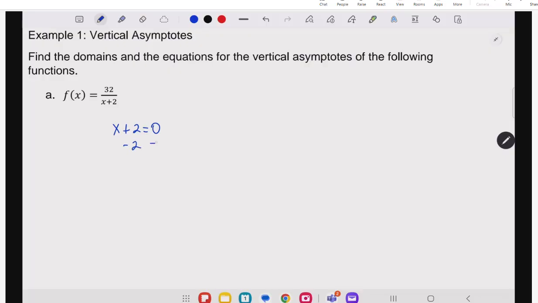Subtract 2, x equals negative 2. Now remember from the previous section, this is the restriction on the domain. So the domain of f would be negative infinity to negative 2, close parentheses, union, open parentheses, negative 2 to infinity.